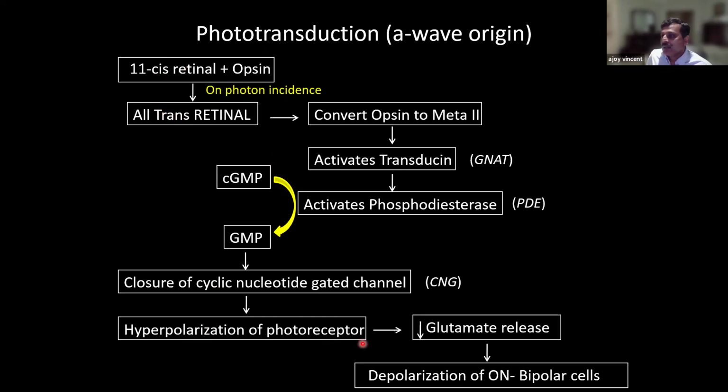That in turn results in a reduction in glutamate at the photoreceptor synapse, and this leads to the generation of the first waveform of the ERG, which is the A wave.